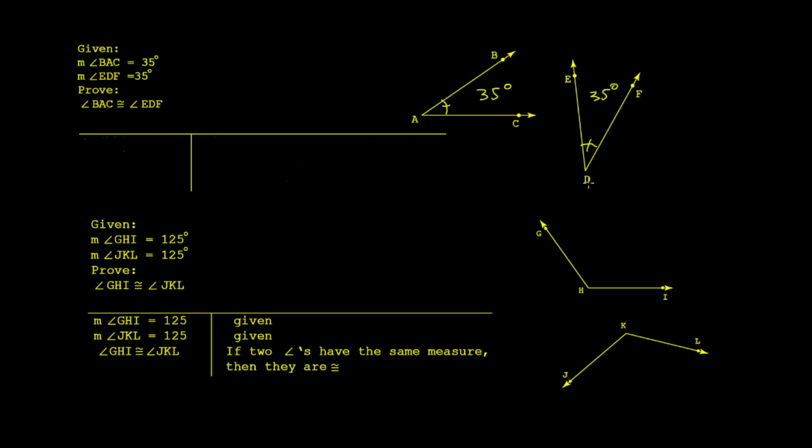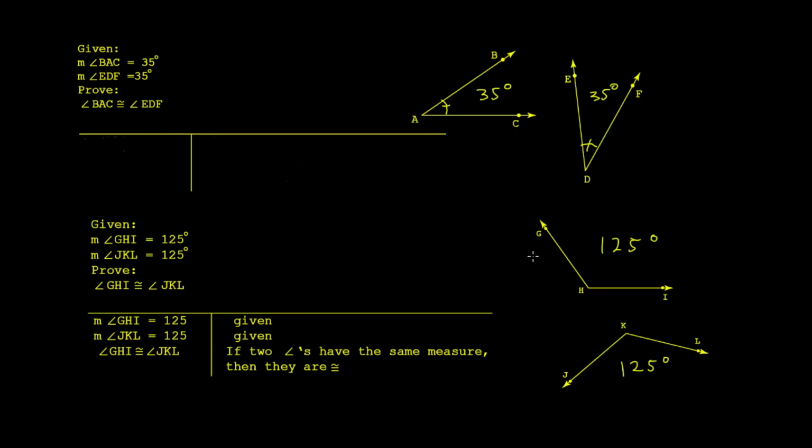This is an acute angle. This is an obtuse angle. That's the difference. So measure of angle GHI is 125 degrees. Measure of angle JKL is also 125 degrees. Angle GHI is congruent to angle JKL. If two angles have the same measure, then they are congruent.